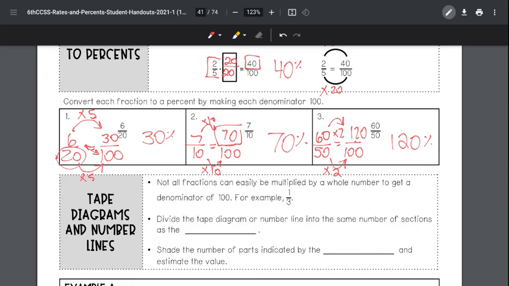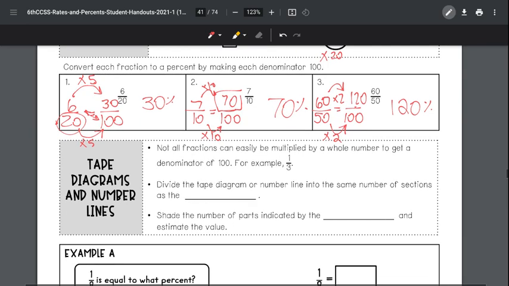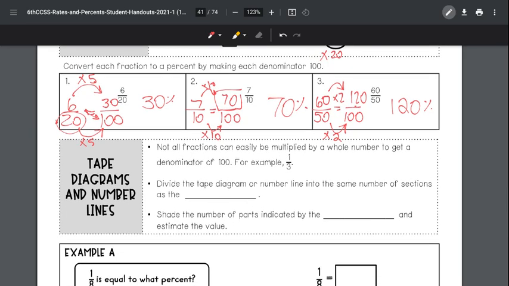Tape diagrams and number lines. Not all fractions can easily be multiplied by a whole number to get a denominator of 100. For example, 1/3. You can't take 3 times a whole number and get 100. So sometimes people use tape diagrams. Divide the tape diagram or number line into the same number of sections as the denominator.